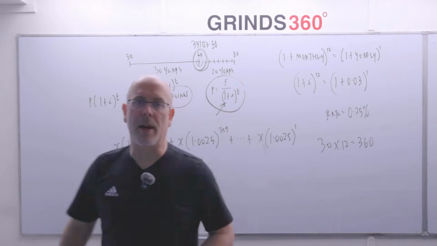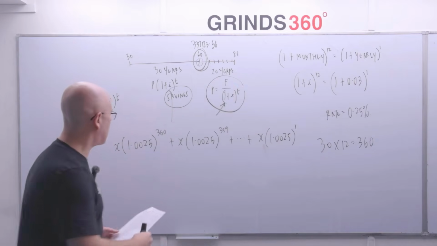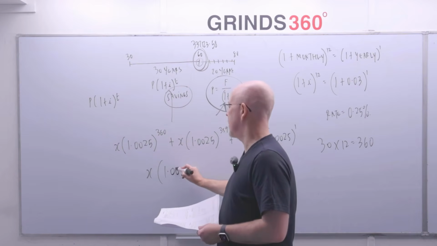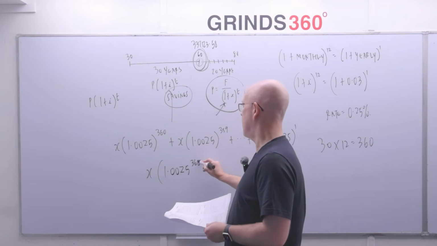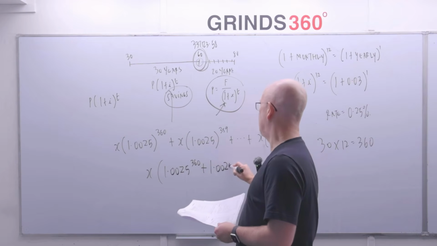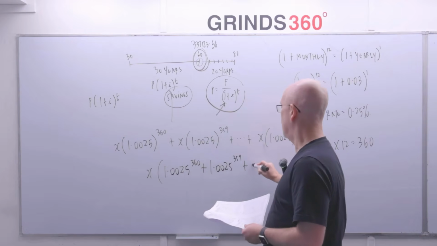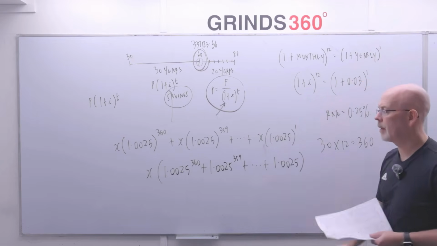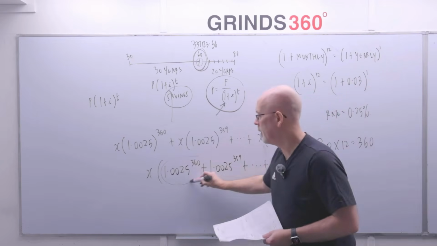And now finish the question the same way. Pull the X outside a bracket, right? And you get 1.0025 to the 360, 1.0025 to the power of 359, and so on, down to 1.0025. There's a.